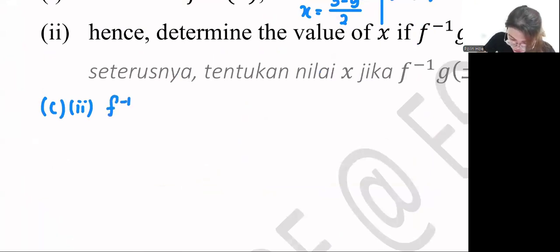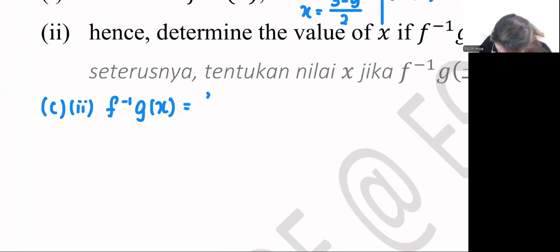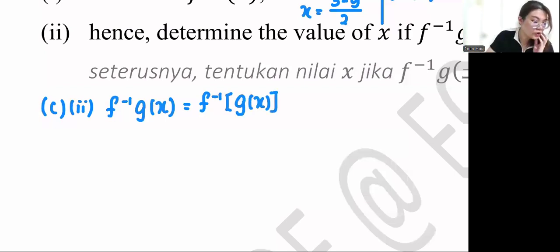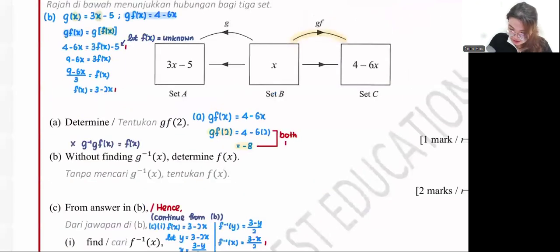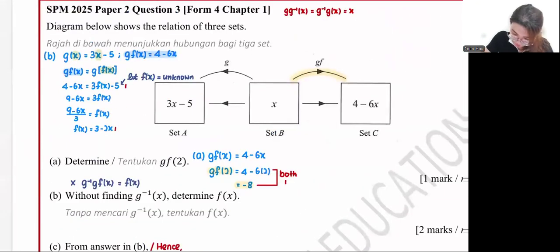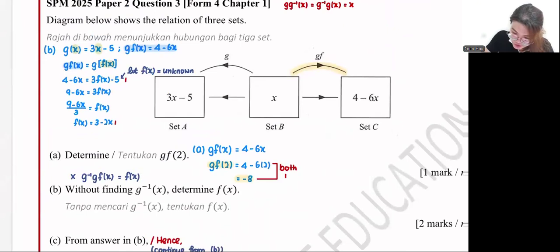f inverse g(x). Let's solve the left-hand side first. Same thing. In this chapter, the magic is always the bracket. f inverse g(x). Look above, from the diagram there, g(x) equals to 3x minus 5. f inverse of 3x minus 5.